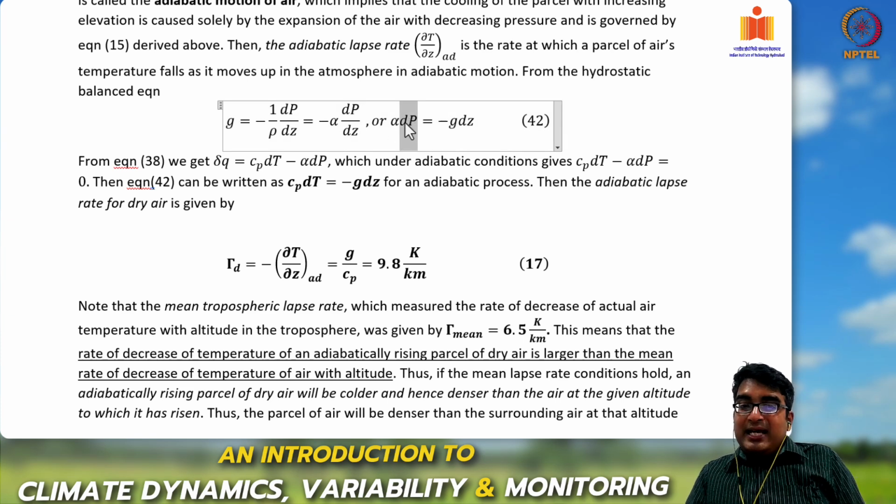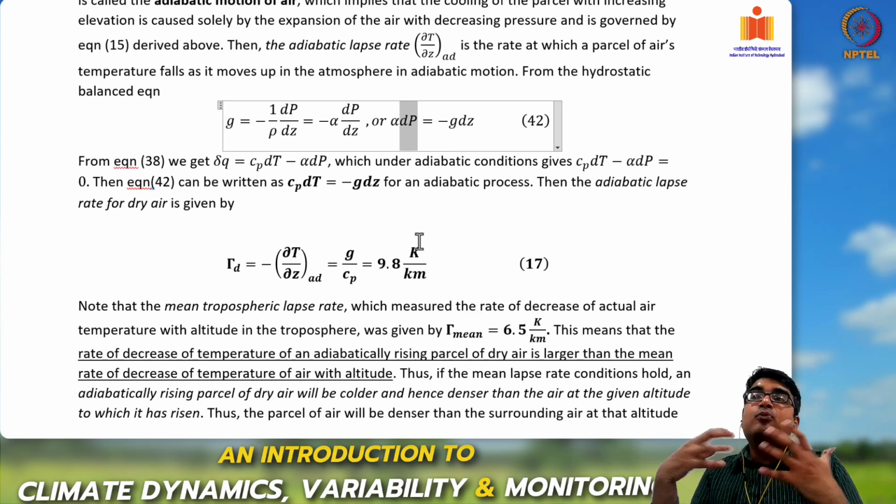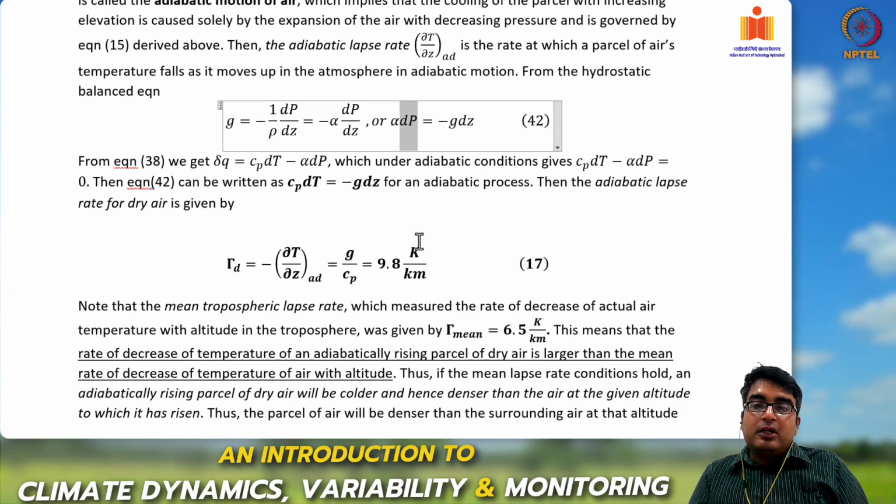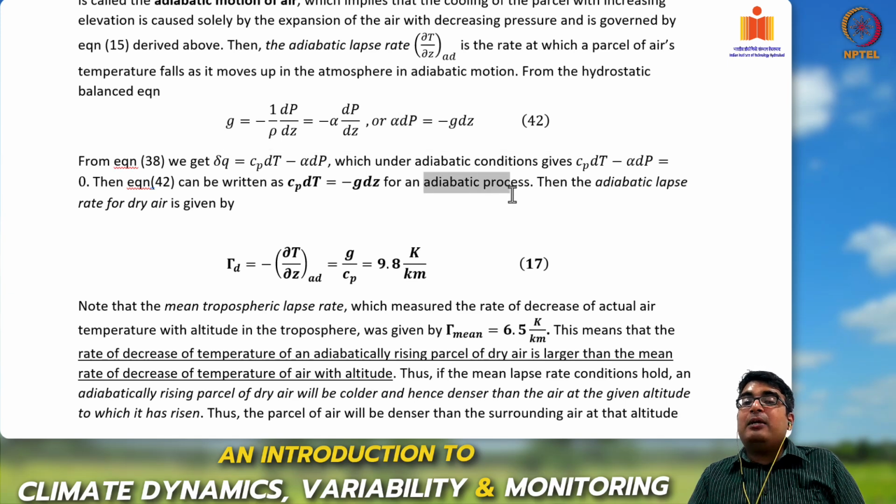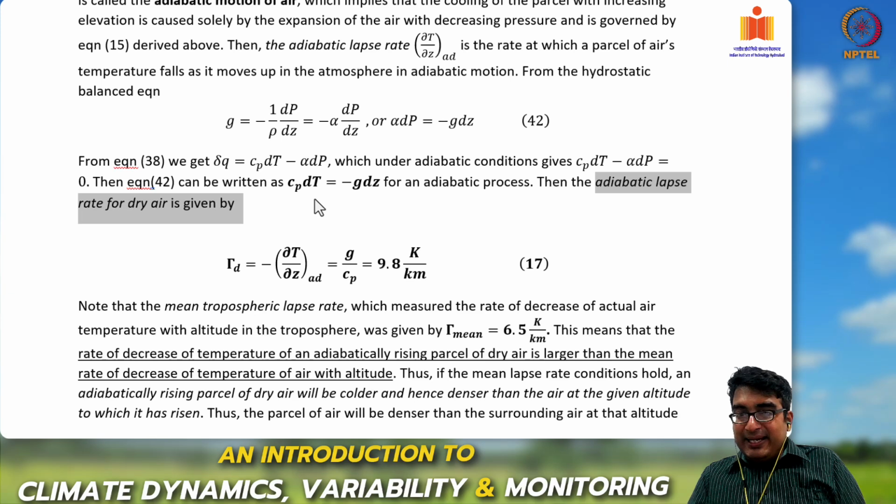So we can replace alpha dP by Cp dT if the air parcel is moving adiabatically. So the hydrostatic balance equation can be written as Cp dT equals minus g dz for an adiabatic process. Correct? Hence, the adiabatic lapse rate condition can be written as dT by dz, which is our adiabatic condition, equals minus g by Cp.